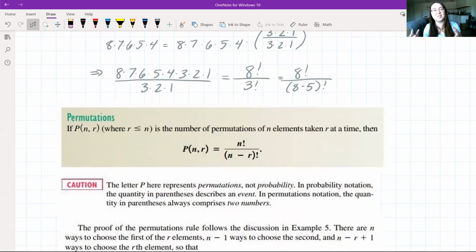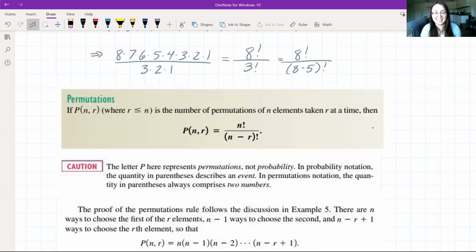So it has to be less than your total number of elements, or equal to, you can also have equal to, is the number of permutations of n elements taken r at a time, then P of n comma r is equal to n factorial, so your total amount of options factorial, divided by n minus r factorial. So that's your total minus your number of r. So your r elements taken at a time subtracted from your total elements, and that factorial as well.